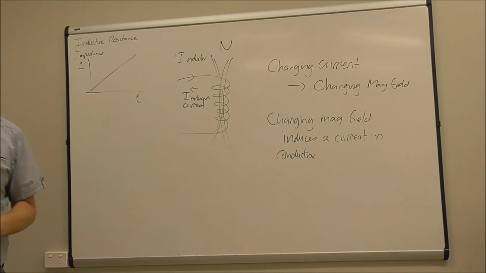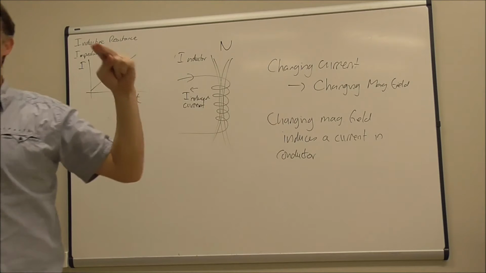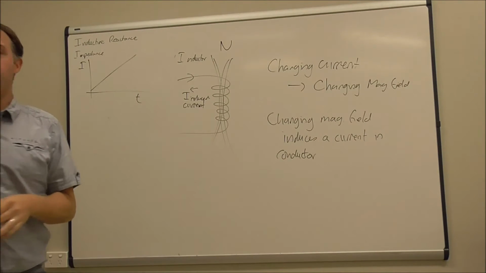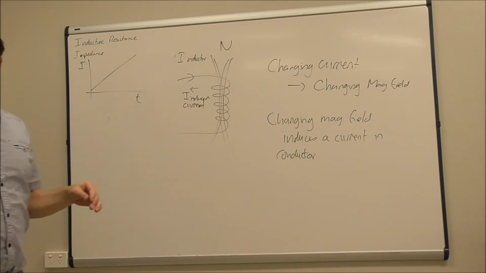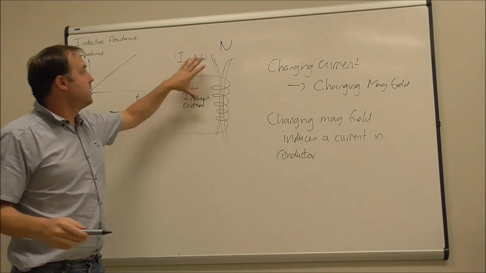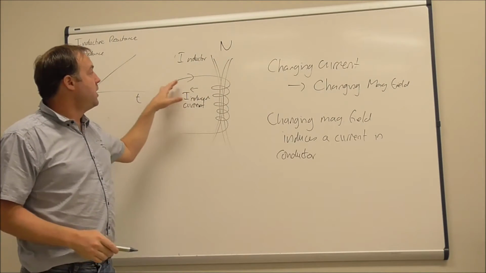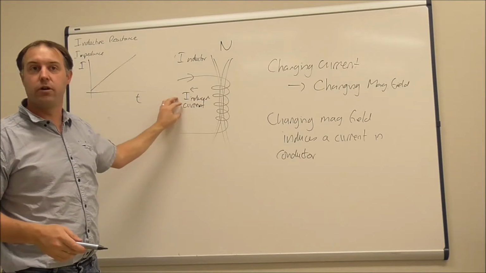Okay? So a good way of thinking about it is, if I have an inductor with a constant current flowing through it, so we call that a DC current, so it's continuous current, it's not changing, then that inductor is happiest. The magnetic field isn't changing, and so there's no change in magnetic field to try and oppose or induce a current in the coil.